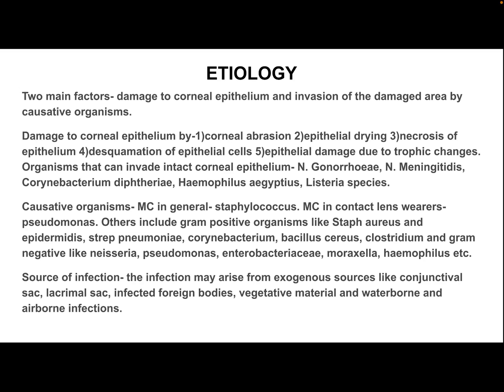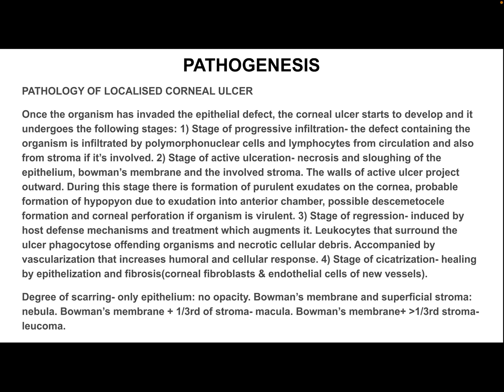So when that arises, the organism will come from there and easily reach the cornea. Similarly, any infected foreign body which lands on the cornea, or infected vegetative matter, or contaminated water, and also it can be airborne. So that is it about etiology.